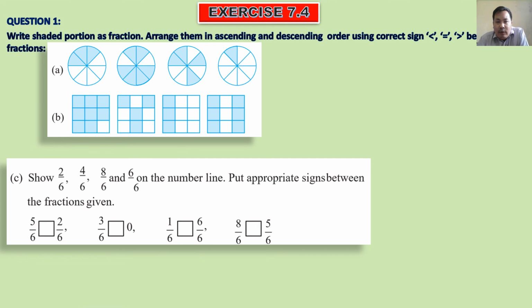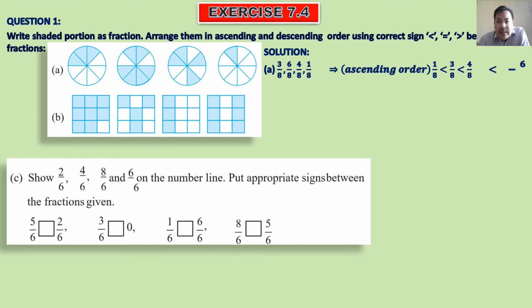First of all, we have the solution of A, the first diagram given. Here you see the fractions representing the diagrams in A are like this: 3 by 8, 6 by 8, 4 by 8, 1 by 8, and we are arranging them in ascending order.